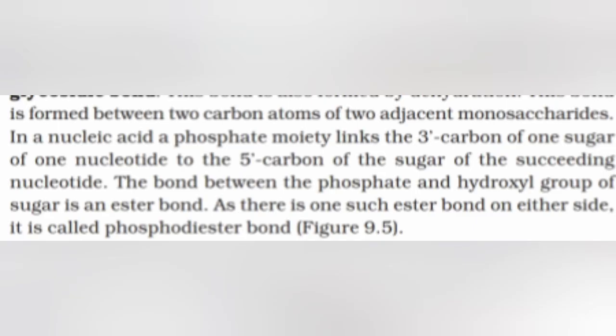In a nucleic acid, a phosphate moiety links the 3' carbon of one sugar of a nucleotide to the 5' carbon of the sugar of the succeeding nucleotide. The bond between the phosphate and the hydroxyl group of sugar is an ester bond. As there is one such ester bond on either side, it is called a phosphodiester bond.